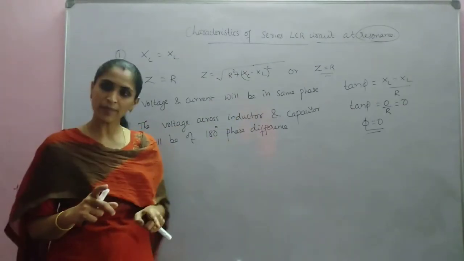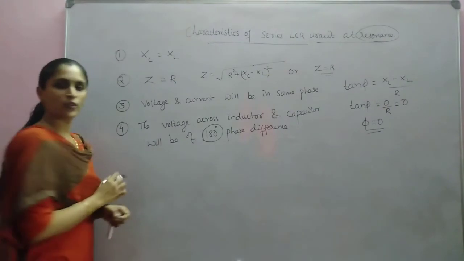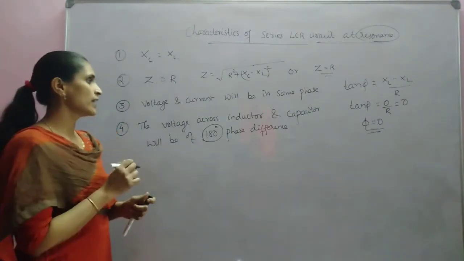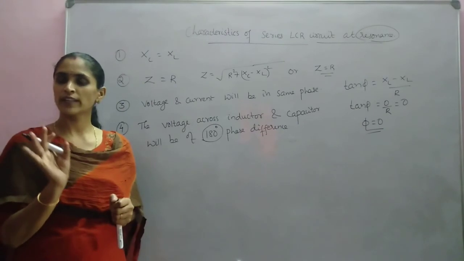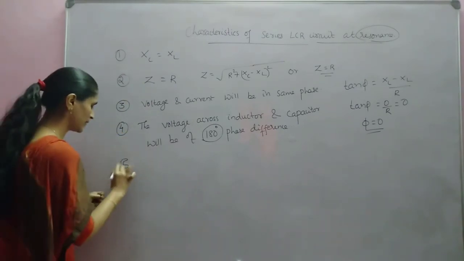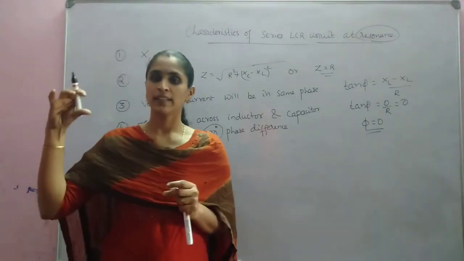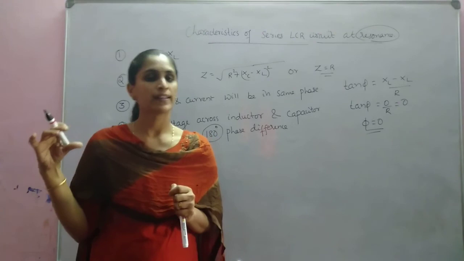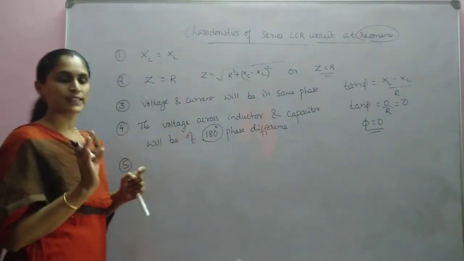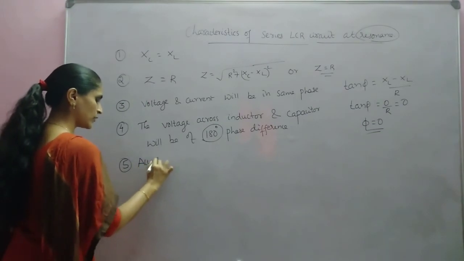So they have the same magnitude but a 180-degree phase difference, because of which those two components get cancelled, and the total voltage appears only across the resistor. The other two get cancelled. Is it clear?